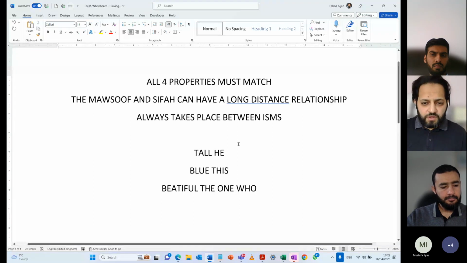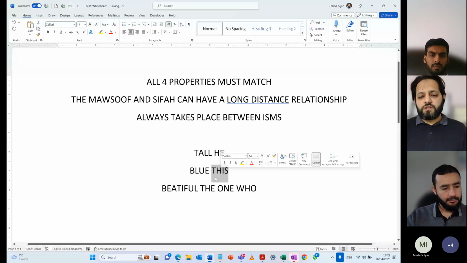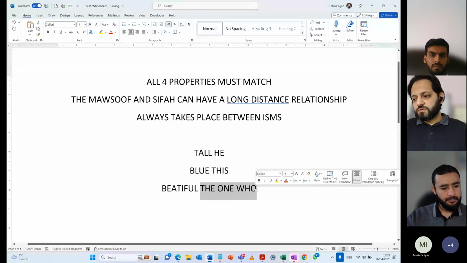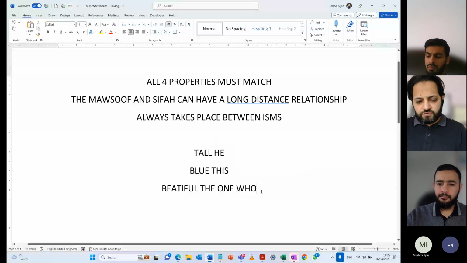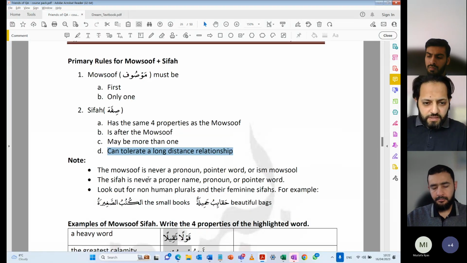Doesn't make sense, because he is a pronoun, this is a pointer, the one who is a mawsool, allazi. So you can't say that. So it doesn't apply there. So what your notes are saying is that Mawsoof will never be a pronoun, pointer, or ism mawsool.